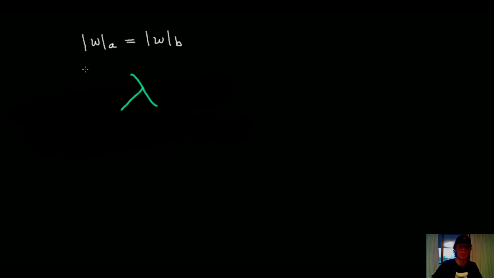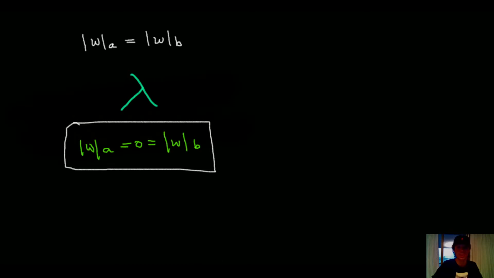The number of A's is 0, which is also the number of B's, since we have no B's. And keep in mind that with the empty word, this is satisfied, right? So we arrive at the conclusion that the empty word does belong to the language L. It is an accepting word for this language.